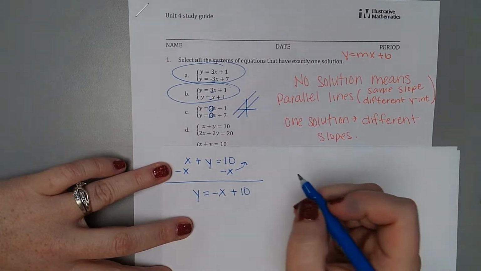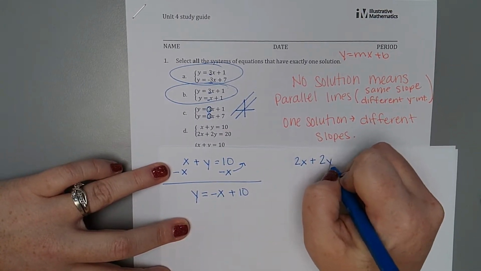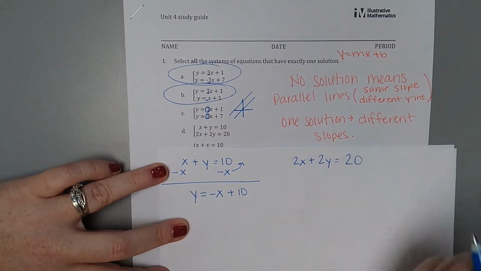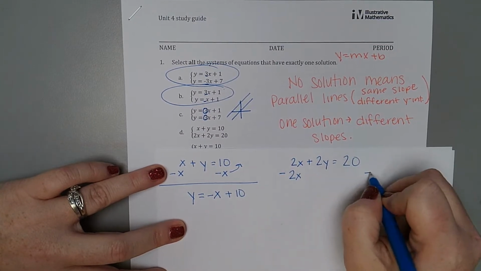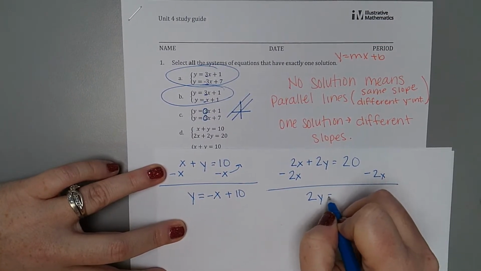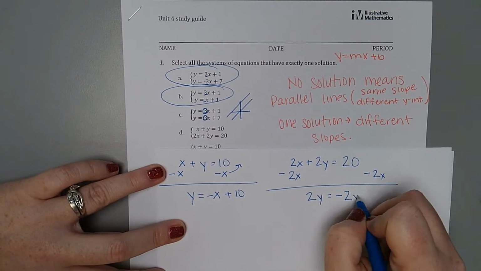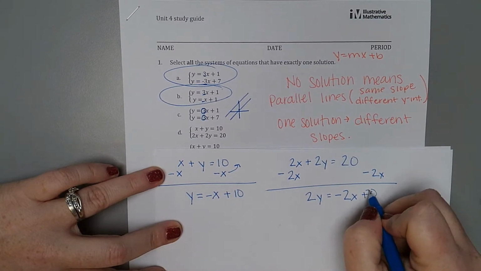The next one, I have 2x plus 2y equals 20. I'm going to get y by itself, so I'm going to take my 2x away from both sides. So I now have 2y equals negative 2x. Can't combine my 2x and my 20. Plus 20.